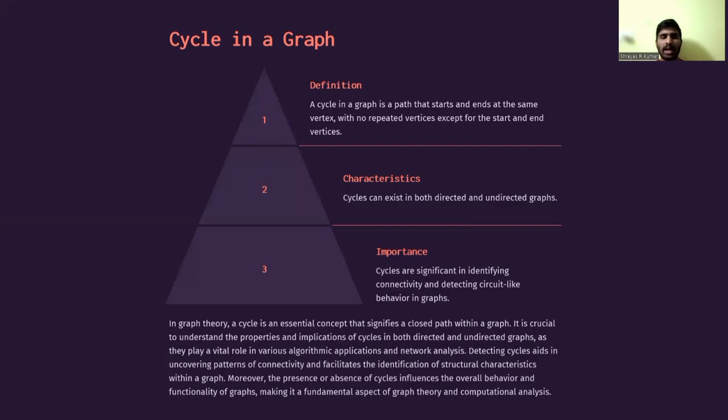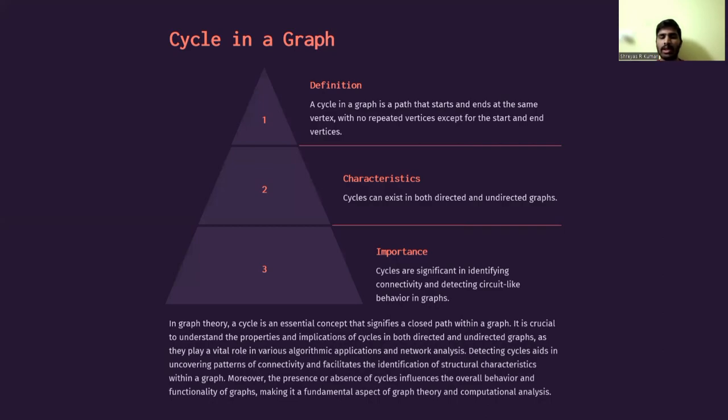In graph theory, a cycle is an essential concept that signifies a closed path within a graph. It is crucial to understand the properties and implications of cycles in both directed and undirected graphs, as they play a vital role in various algorithmic applications and network analysis.